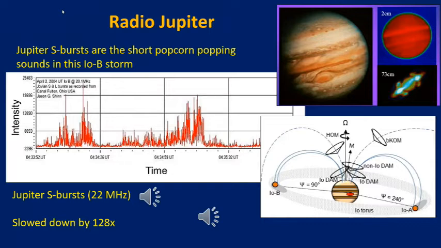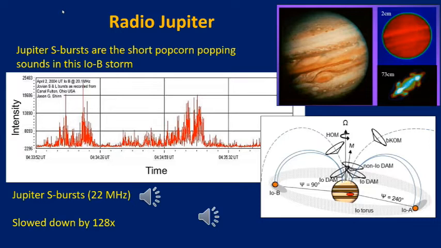So as you know, Io is volcanic, and so there's a giant torus of plasma at the location of Io's orbit. The magnetic field lines that run through that plasma allow some of those electrons to connect back to the planet, and you get a source of plasma there.